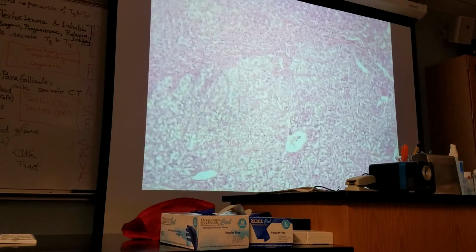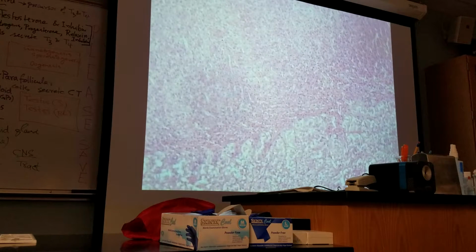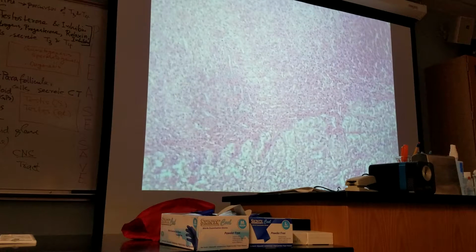Let us go for adrenal cortex. Now, when I have a slide like this, and if I ask you to identify the gland, be specific. Listen here. If you wrote adrenal gland, that wouldn't be sufficient. You have to mention which part of the adrenal.